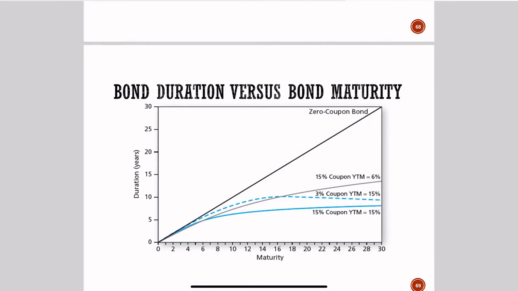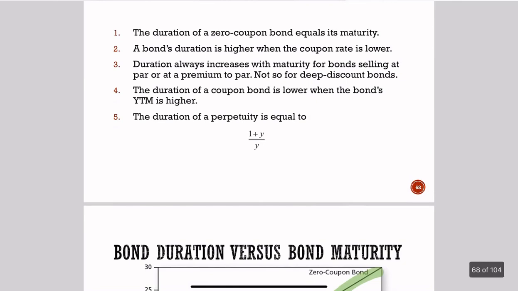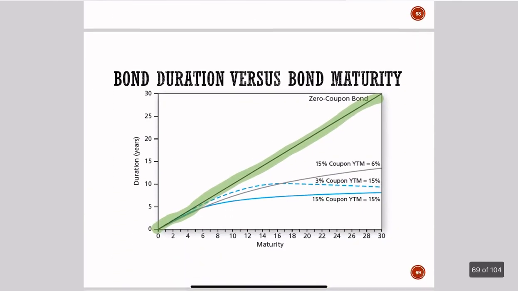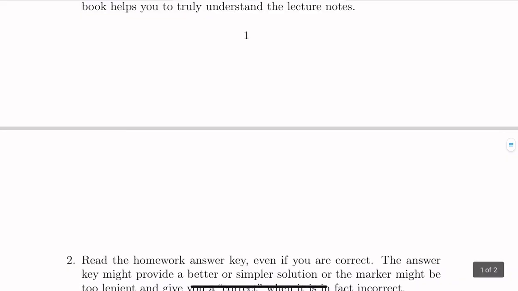If you look at this line, it basically gives you the first result. That is, duration of a 0 coupon bond equals its maturity, right? Let's say if the maturity is 10, then duration is also 10, right?